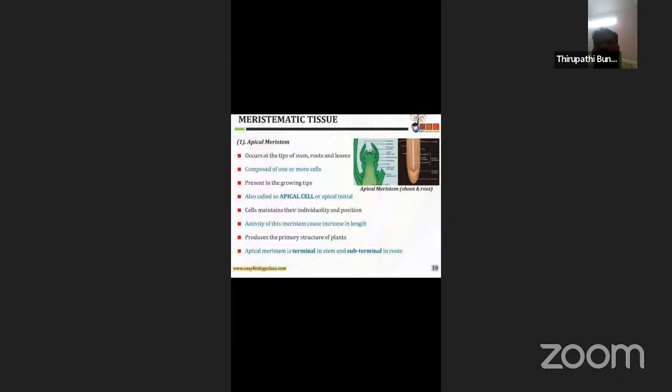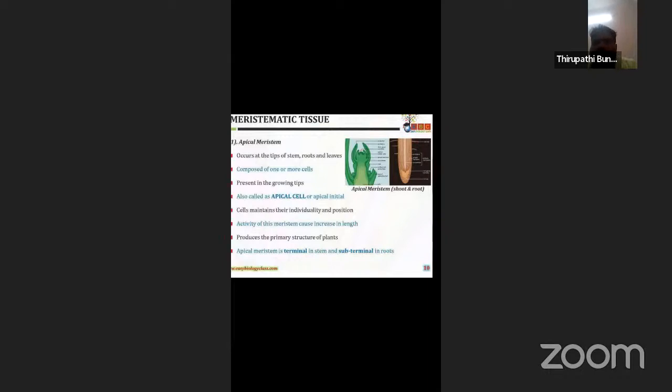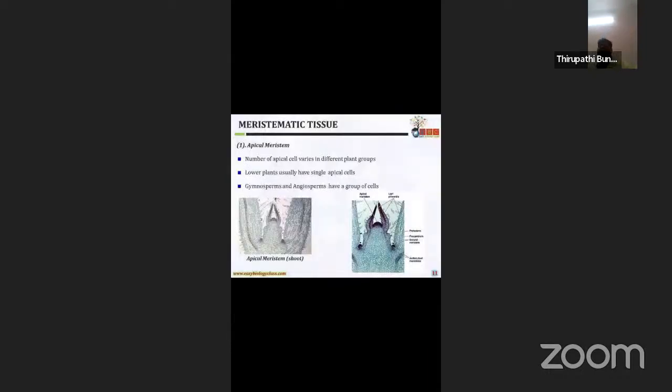Now the second one, lateral meristem. Examples of lateral meristem are vascular cambium and cork cambium.